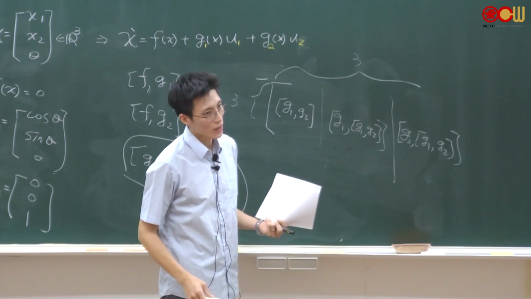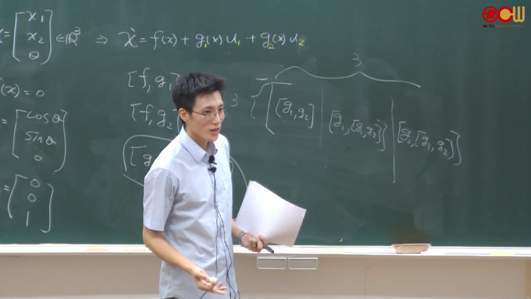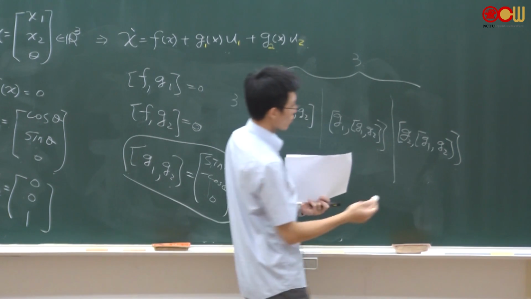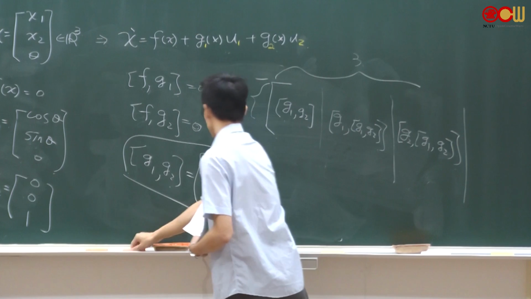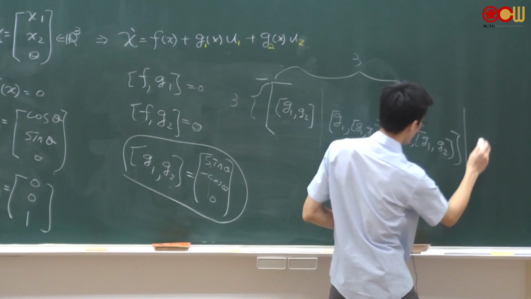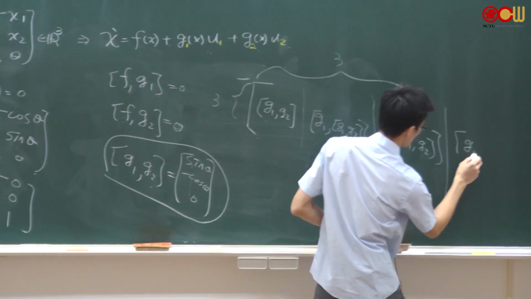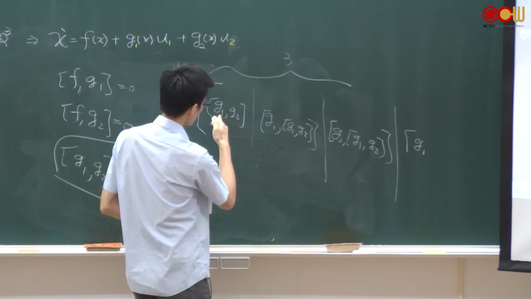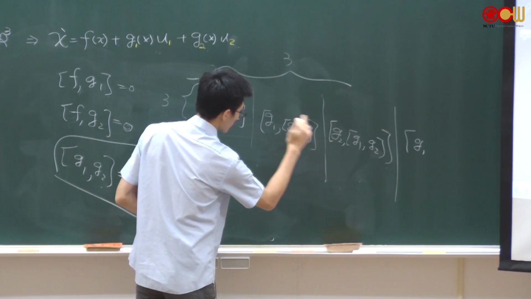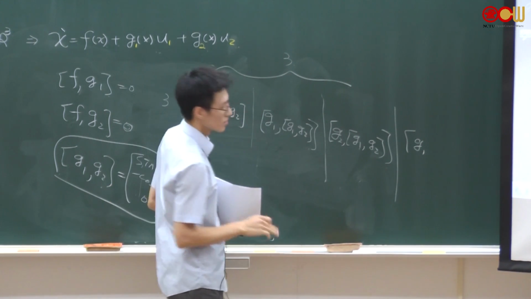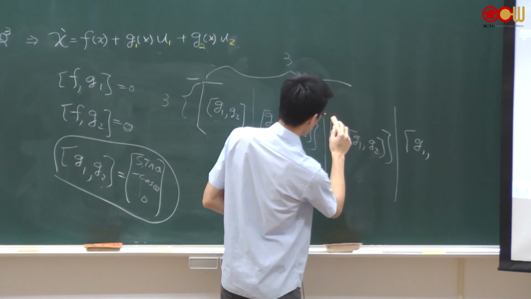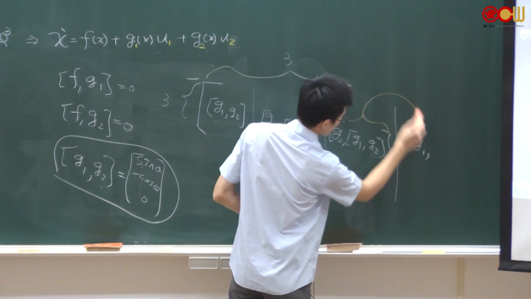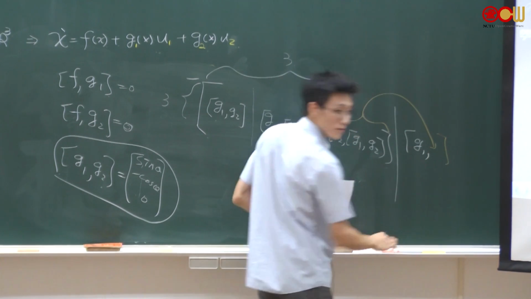Check if that's full rank. If that's not full rank, don't give up. Try more. Add more. Like G1. So the first one will be either G1 or G2, the first one. Okay, never changes. Only 2 possibilities. And the second one, you can repeat from the previous stuff.